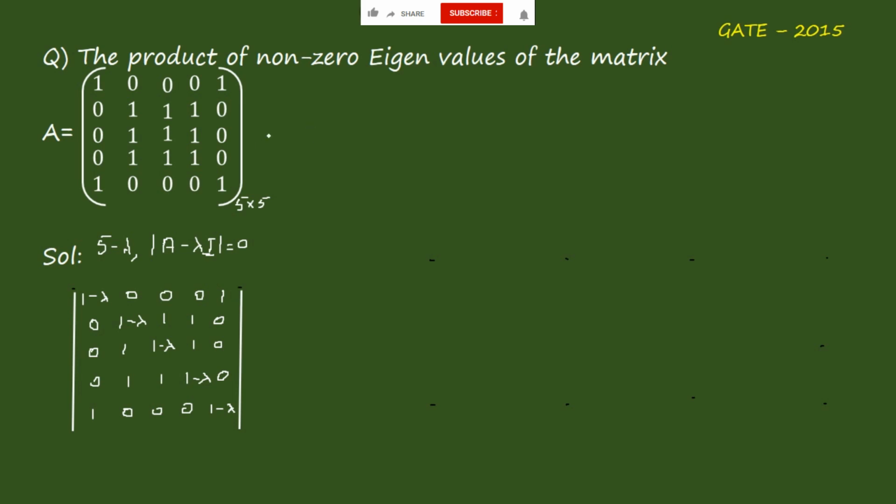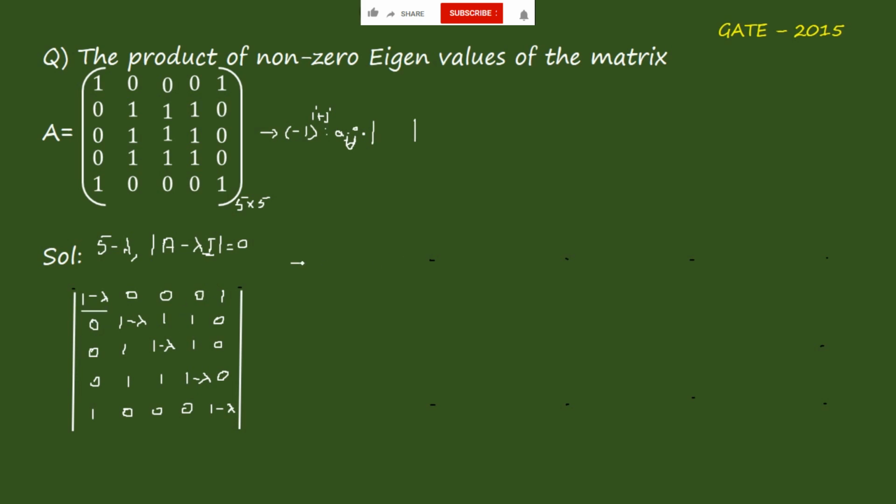For this one we use a general formula, minus 1 power i plus j into a_ij into the determinant of a matrix, where i and j are nothing but row and column. So we get these particular terms. Consider the first term, 1 minus lambda.